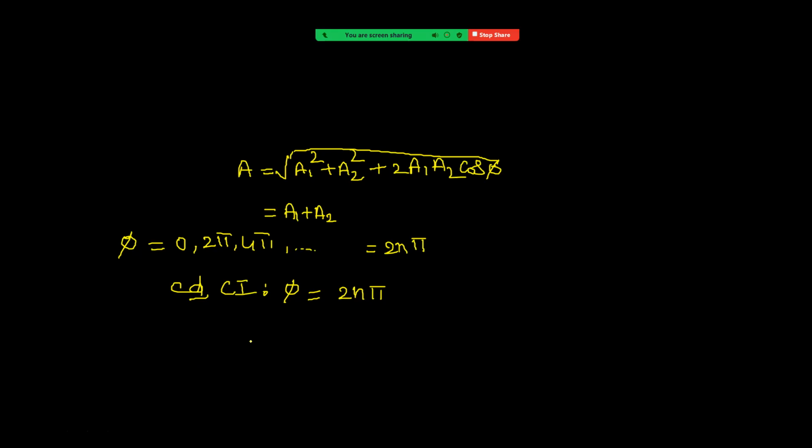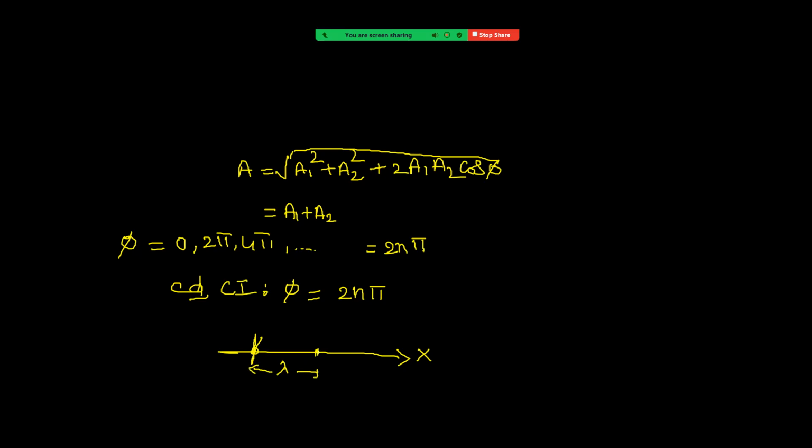Earlier we discussed one point: consider a wave propagating along positive x. If one point makes one oscillation, energy propagates along the x-axis by a distance lambda. It travels a distance lambda.